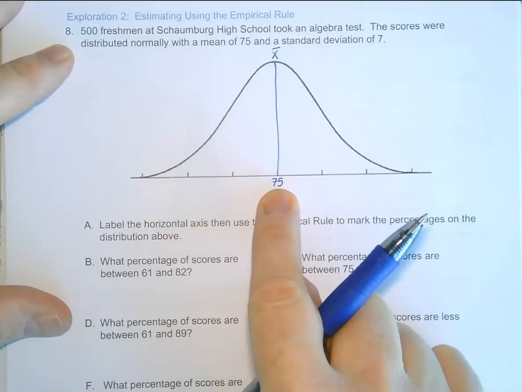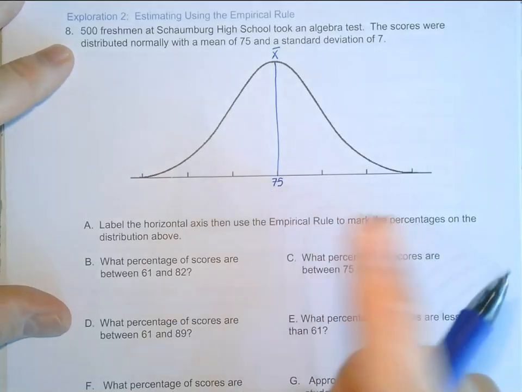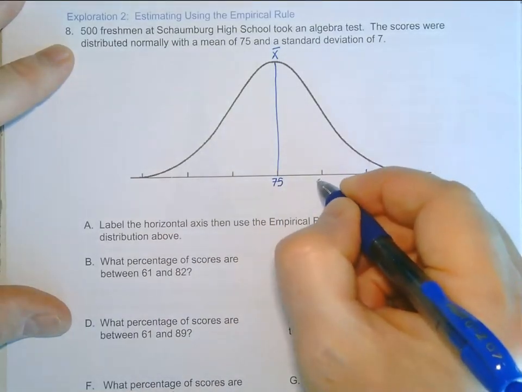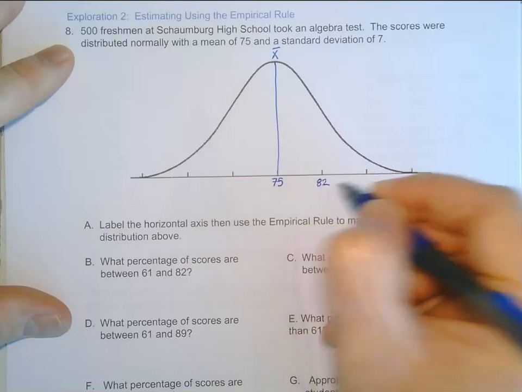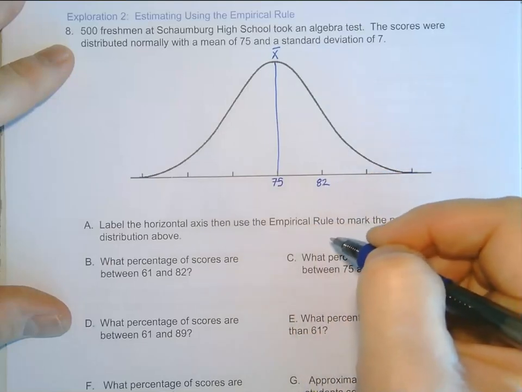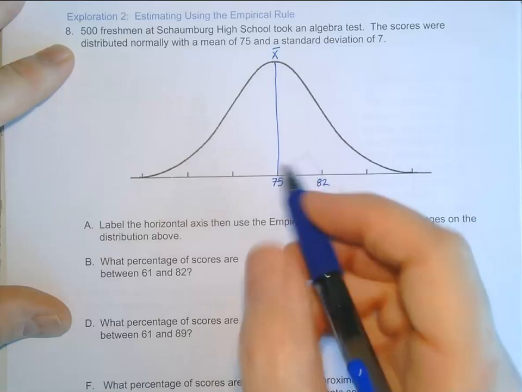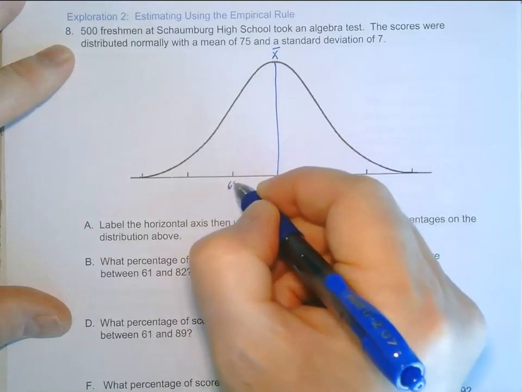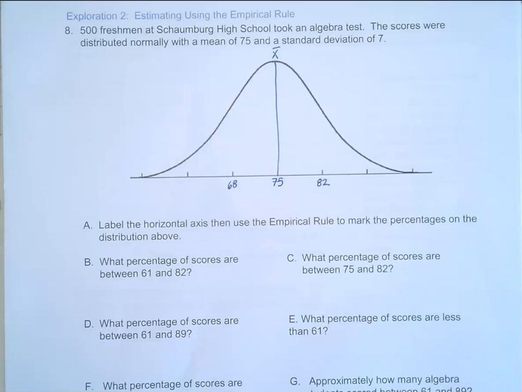So 75 plus 7 is going to be 82, and 75 minus 7 is 68.